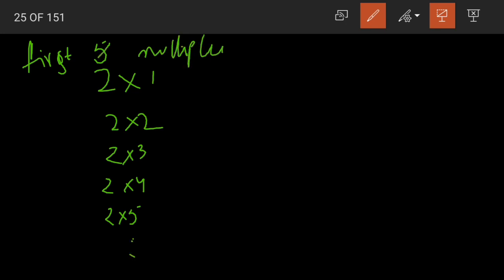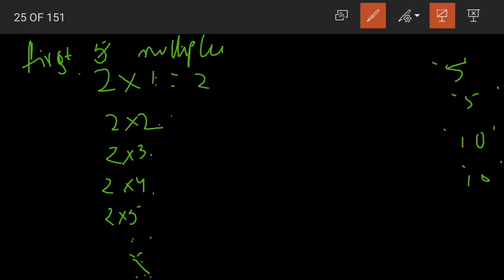If I say first 8, then you need to multiply till 8. Understood, children? What should we do? We should multiply the given number by another number starting from 1. First 1, 2, 3, 4, 5. So how many numbers should we multiply? It depends on the question. If they ask you to find out the first 5 multiples, then multiply till 5. If they ask you to find the first 10 multiples, multiply till 10.